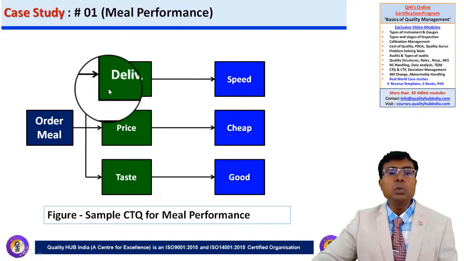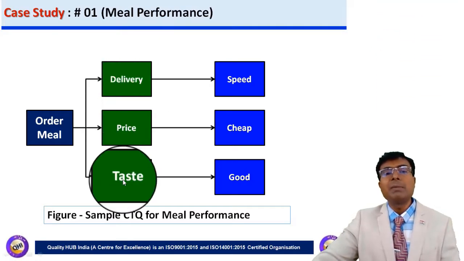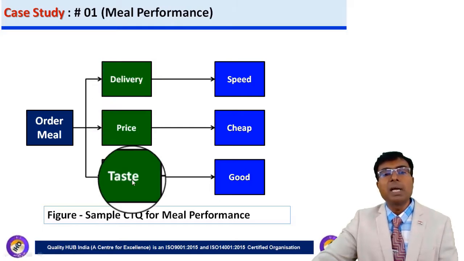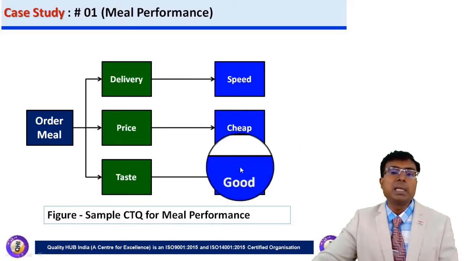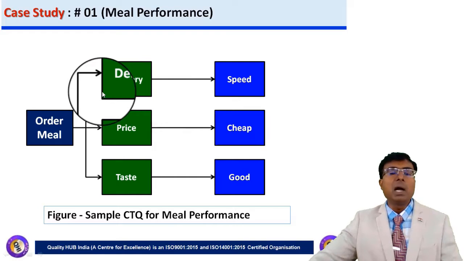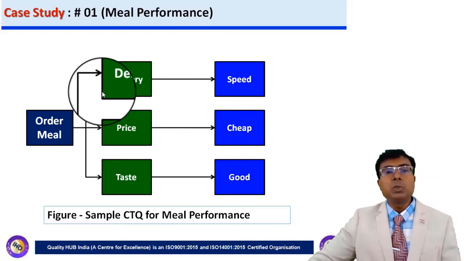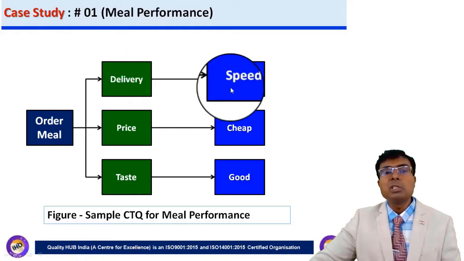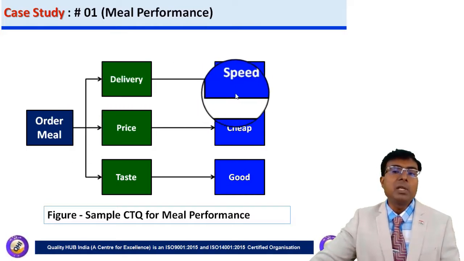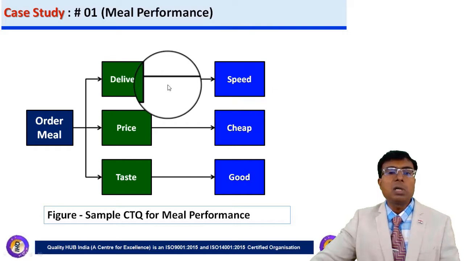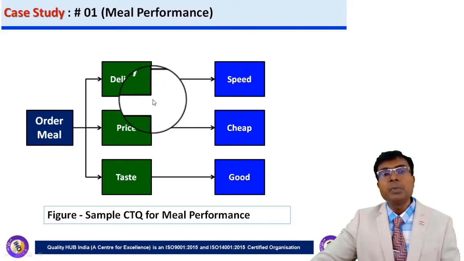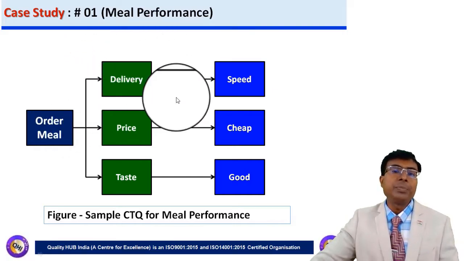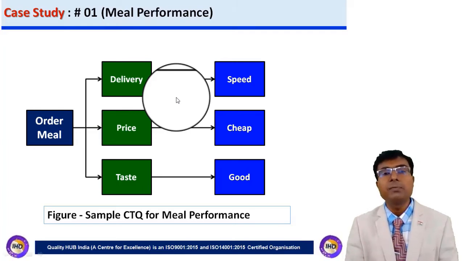Now how to comply with these requirements? I need to convert all these requirements into performance indicators. So delivery: how can I ensure my delivery is good, which can positively impact the ordered meal? Speed, the speed of delivery of the order given by the customer. For example, I'm having a pizza restaurant or any kind of restaurant where I'm serving food.